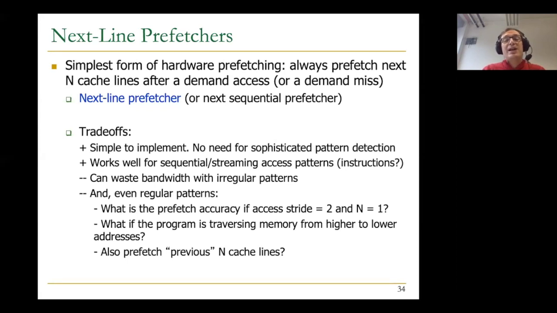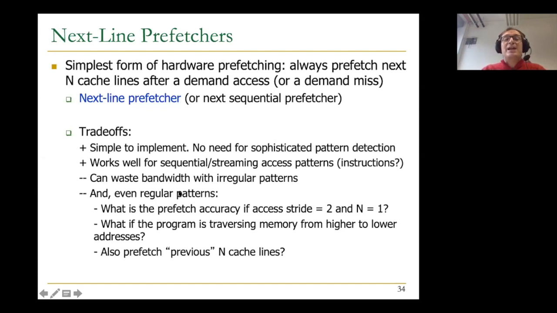Then if your access pattern is irregular and you're never touching address A+1, let's say, assuming N is 1 here, you're very conservative, clearly, then all of the requests that are generated whenever you touch address A, address B, address C, address D, address E, that have nothing to do with each other, lead to useless prefetch requests, right? If you are completely irregular, meaning random access. So clearly that's not good.